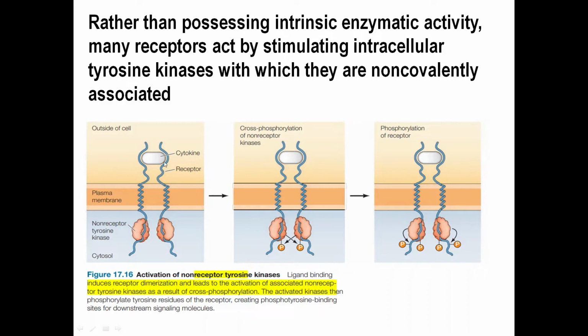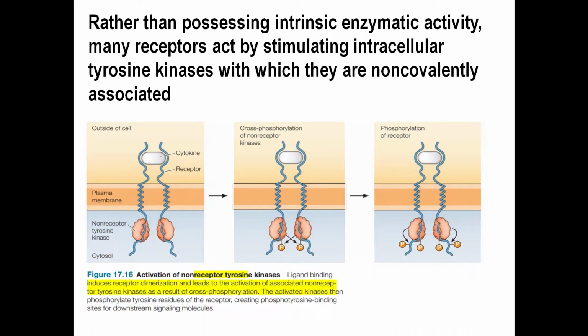there is one receptor which has been dimerized after the ligand, which is cytokine here. After this ligand binds to the receptor, there is dimerization of the receptor, and this non-receptor tyrosine kinase, which is non-covalently bound to the receptor, is now close to the receptor and it binds to the receptor cytosolic part.